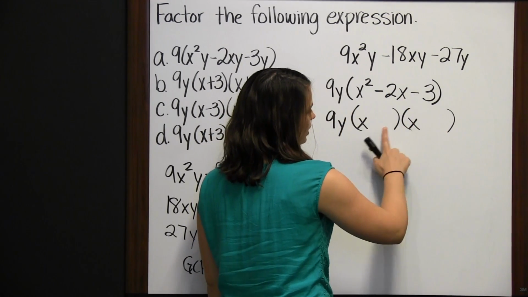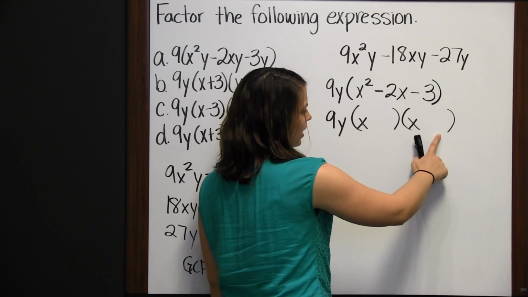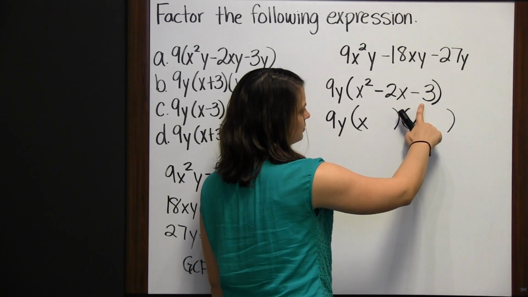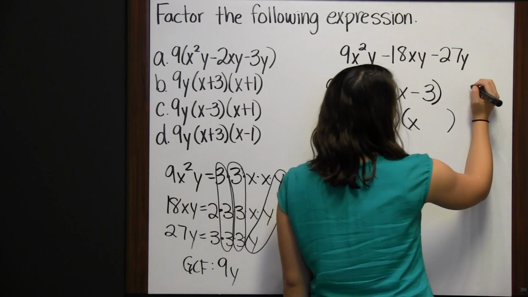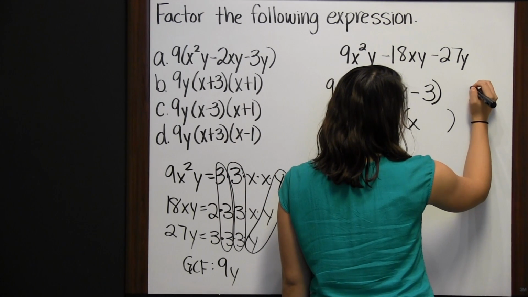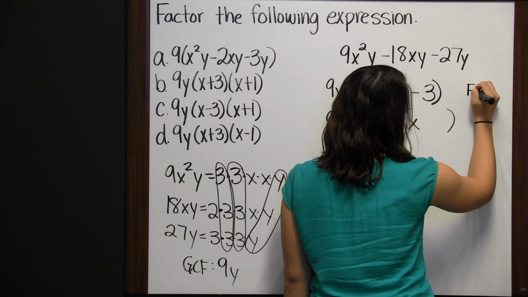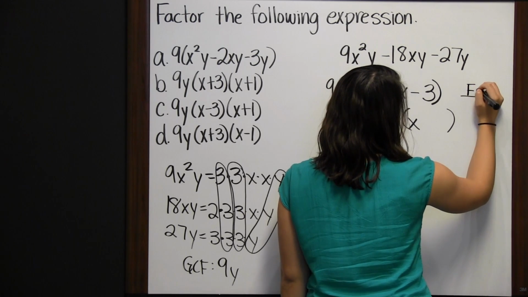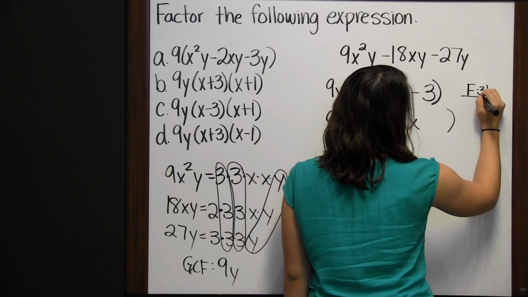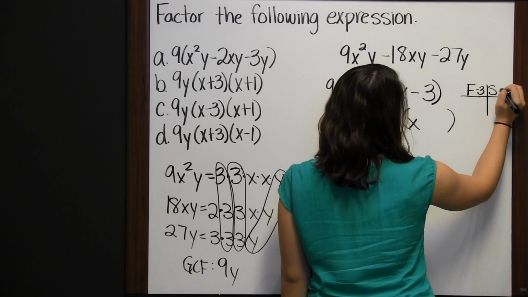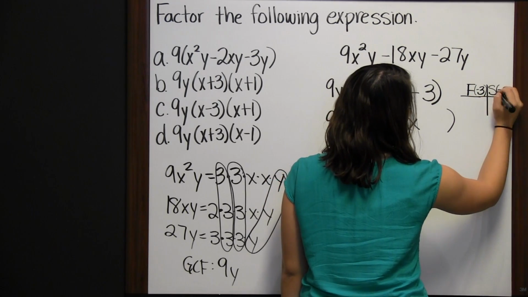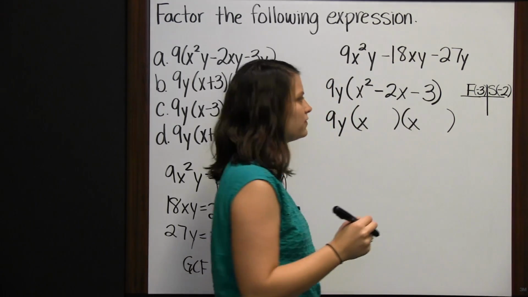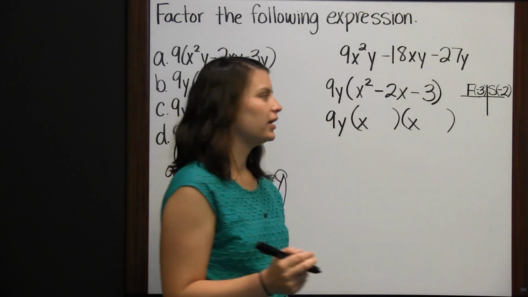Now the numbers that go here have to multiply to give me negative 3 and add to give me negative 2. So we need the factors of negative 3 that have a sum of negative 2.